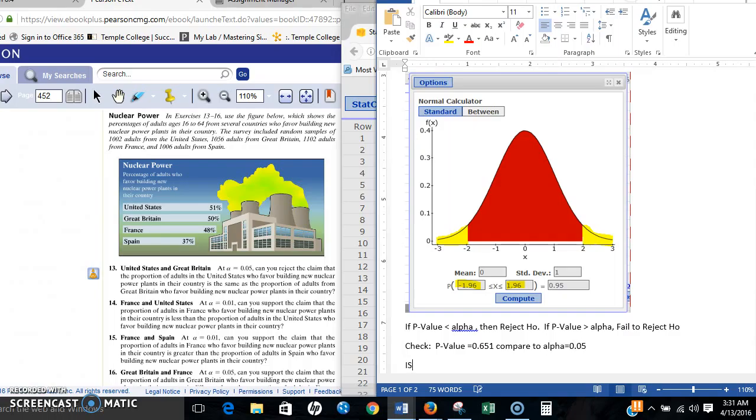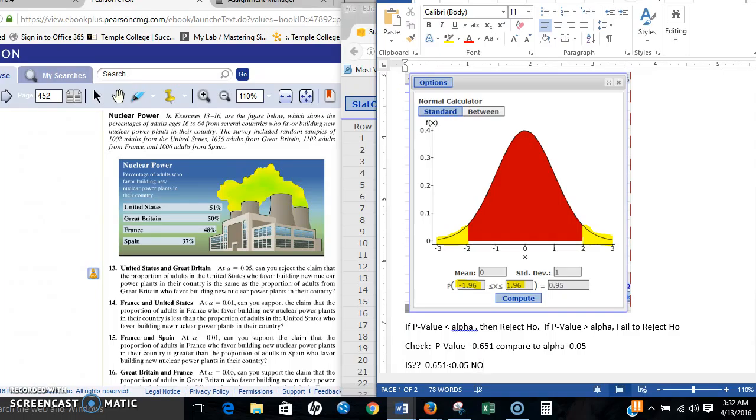So we're asking our question, is the p-value 0.651, that's not supposed to be negative, 0.651, is that less than 0.05?